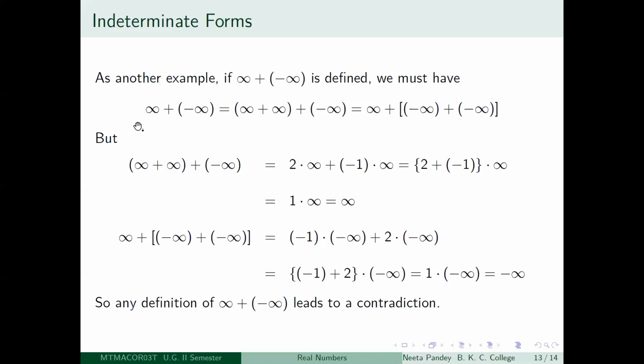So there is no way we can define infinity plus minus infinity. I hope that I have been able to give you some reasoning as to why certain forms in the extended real number system have to be left indeterminate. To tackle them, we have some other types of tools in mathematics, which we will discuss later.